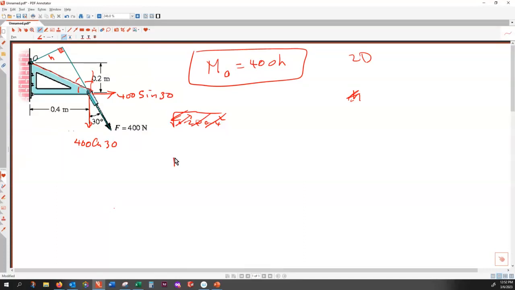Now, M_O is equal to, so that force doesn't exist anymore because I broke it into two components. So M_O is the rotation due to 400 cos 30. And what is the shortest distance between this force and here? I draw a line of action, and the shortest distance is from here to there, which is equal to 0.4.